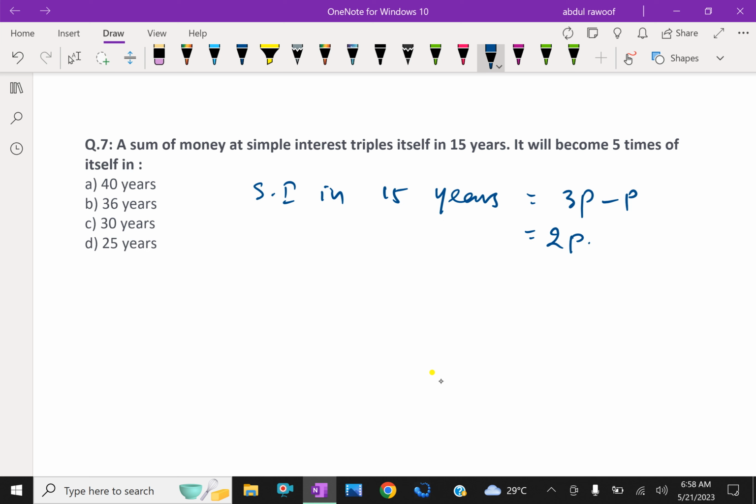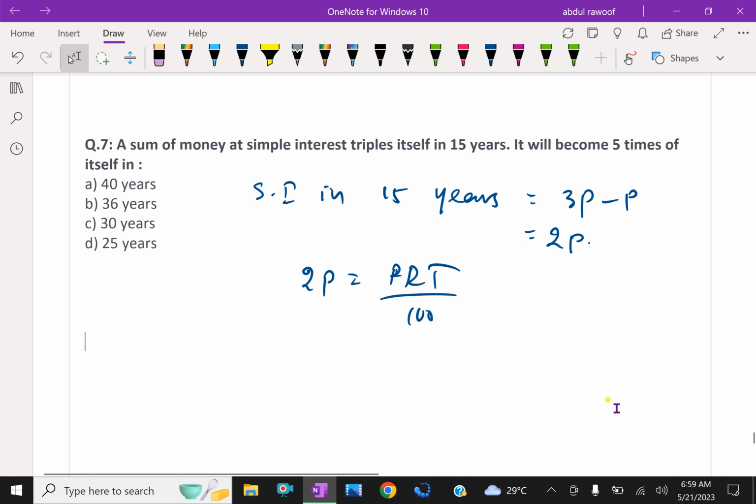That means amount minus principal. Amount is 3P minus principal P, 3P minus P is 2P. Then I equals 2P equals PRT upon 100, and P and P cut.